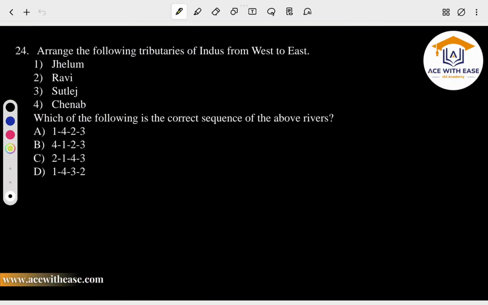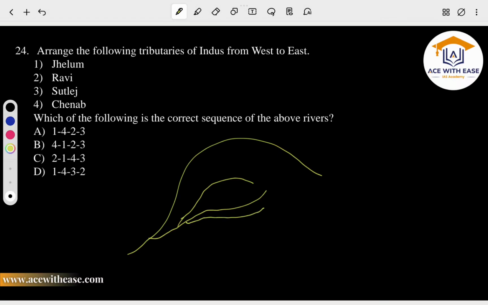Next, question 24. We all know the Indus River, how it has been present. If we see, the Indus River has been moving like this. So we have the Jhelum River, Chenab River, the Beas, Ravi, and the Satluj.